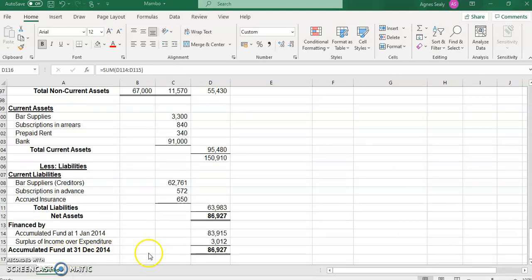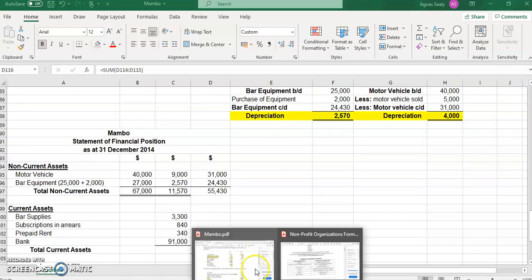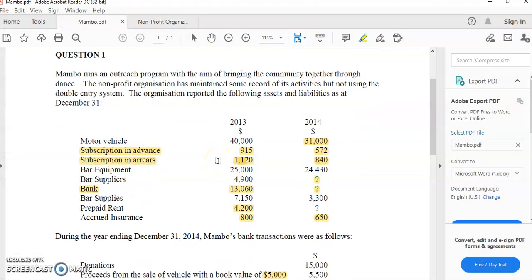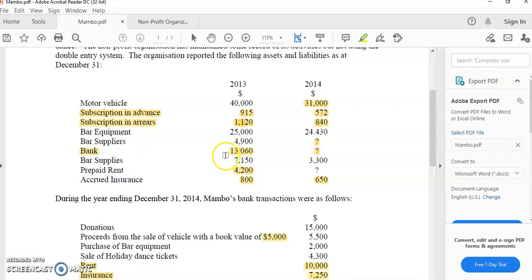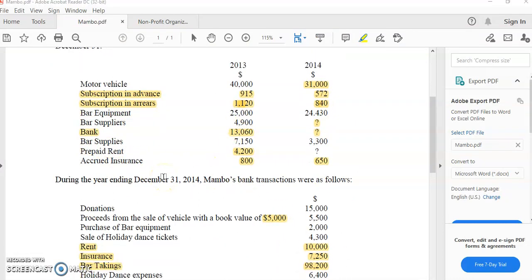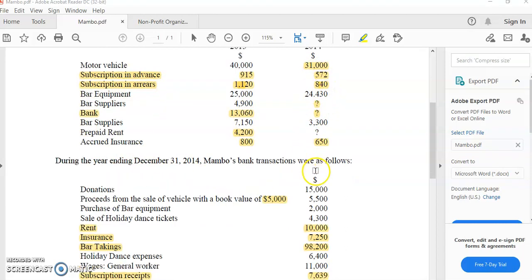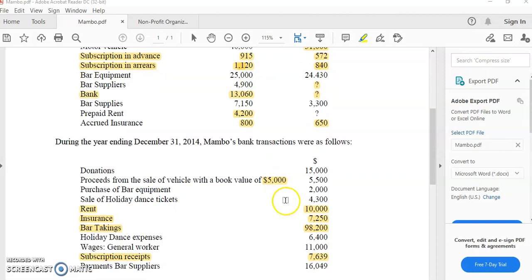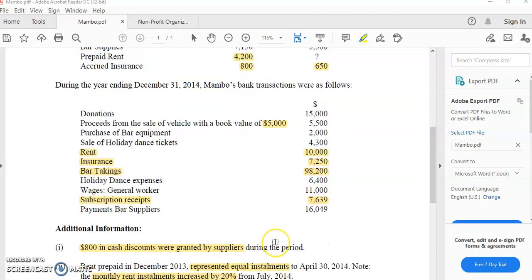So we have our accumulated fund, and this completes our question on MAMBO and the nonprofit organization demonstration question. You have the full question again, and you see where we got a lot of our figures from for the statement of financial position, like subscriptions at the end, etc. And the supply, the inventory, etc. That's where we got a lot of our figures from.